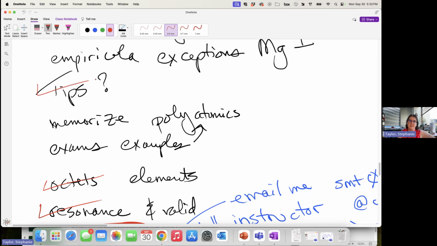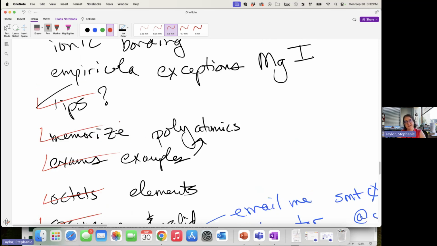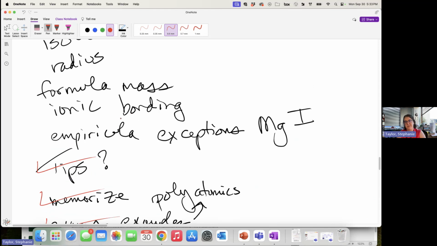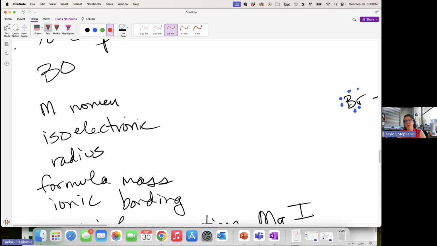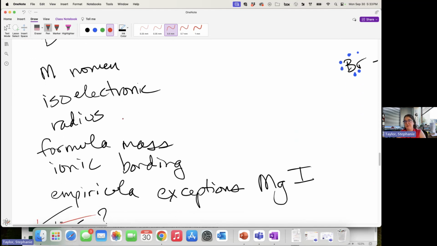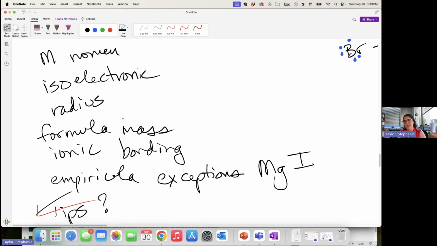Okay, so we talked about tips, we talked about memorizing polyatomic ions, we talked about examples, mostly because I already did one to start off with. But honestly, for exam examples, so many of these you can do. If we can ask you a question about a compound, why not make it a polyatomic ion?